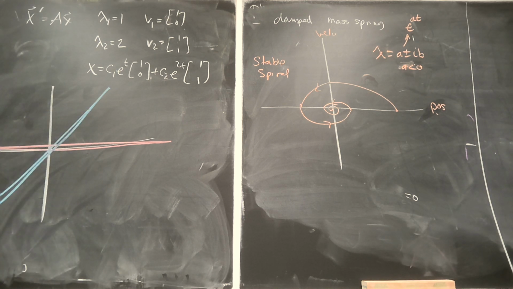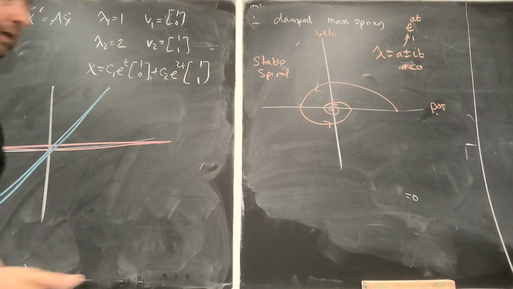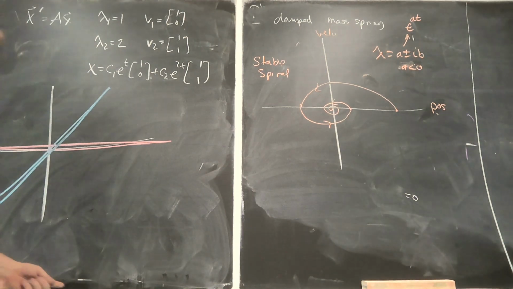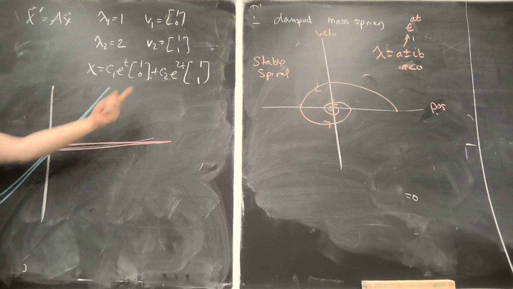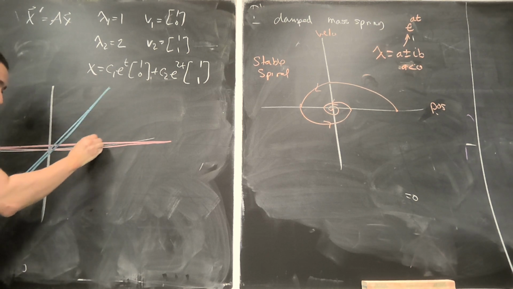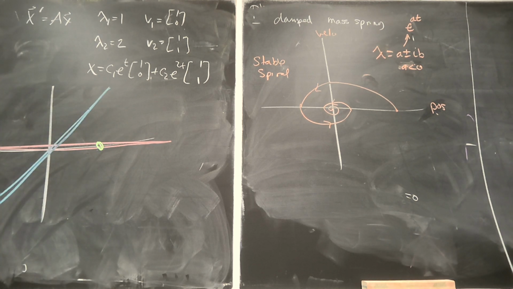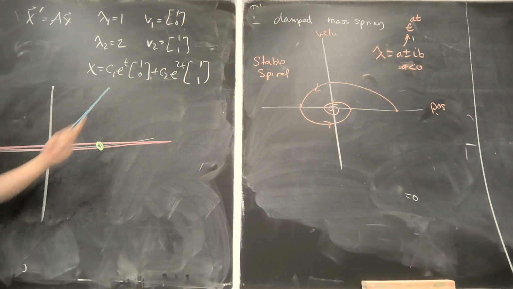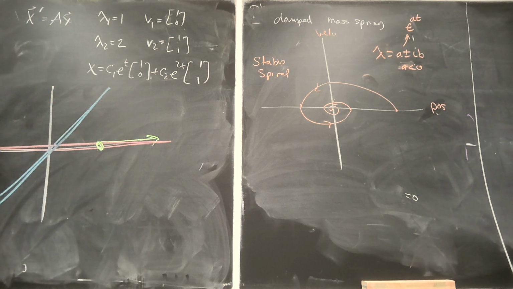How are they moving along those lines? If I am on the line dictated by the vector 1, 0, and time goes, so I start anywhere, which direction do I go as time goes to infinity? Yeah, e to the t gets big as time goes on. So I go this way if I'm on that line.